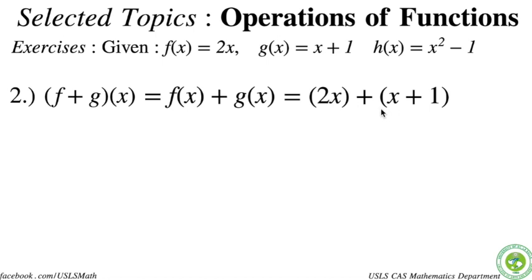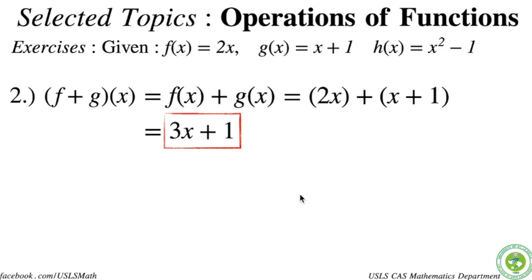Again, like terms are terms which have the same variables with the same degree. Simply put, we can combine this 2x with the x on the other side, since this x has a degree of 1. This also has a degree of 1, so we can combine the coefficients. It has a hidden 1 here, and 2, so 2 plus 1 is going to give us 3x, and then copy the constant 1 here. And that will be our answer for number 2.